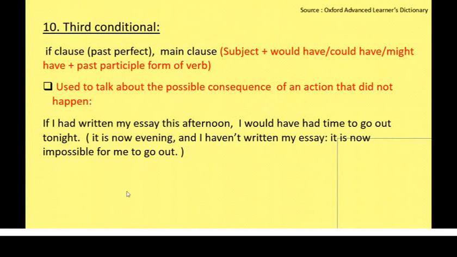Look at the example below. If I had written my essay this afternoon, I would have had time to go out tonight. This means it is now evening and I have not written my essay. It is now impossible for me to go out.